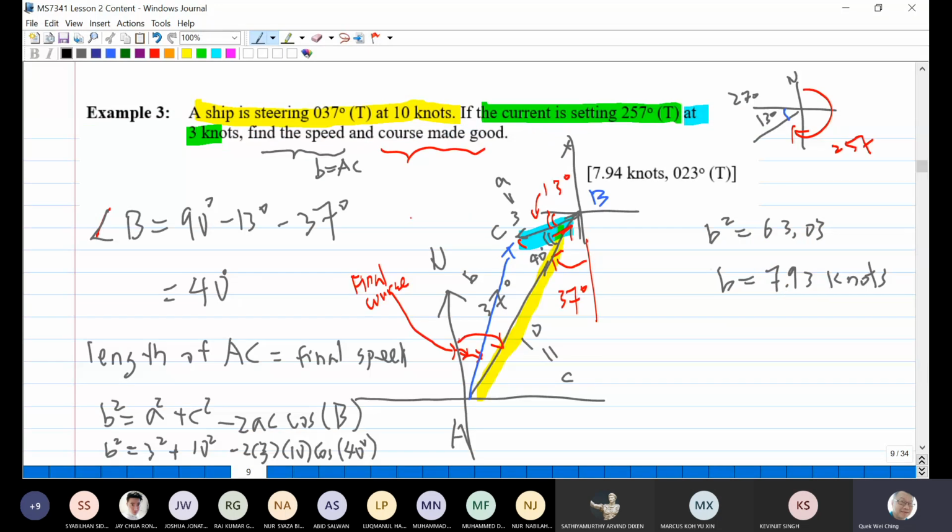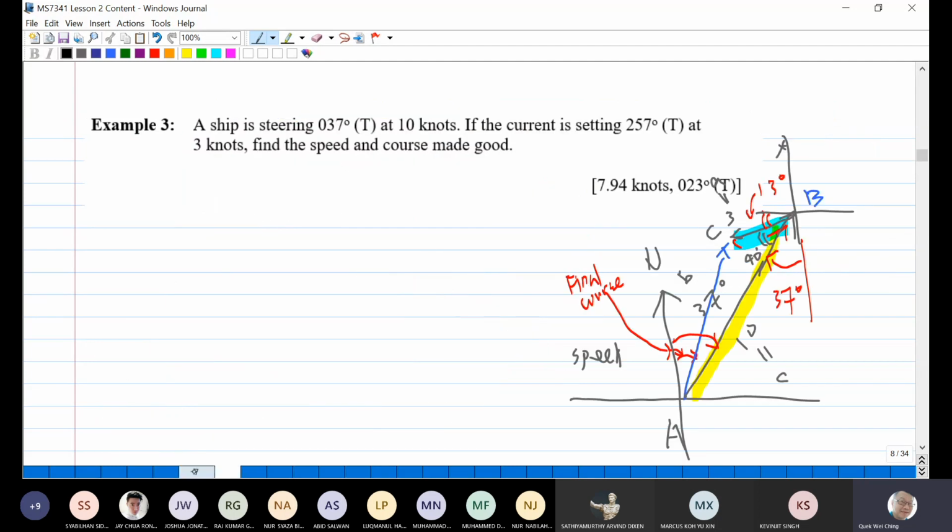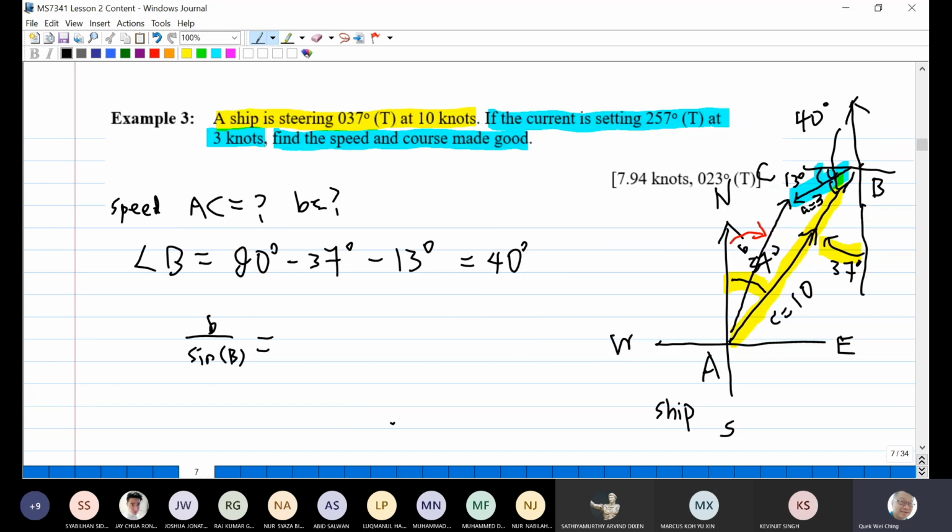Okay, so actually not sine law, sorry. I find that sine law doesn't work here. So I know angle B is 40. So let's find AC here. You can find the length first.